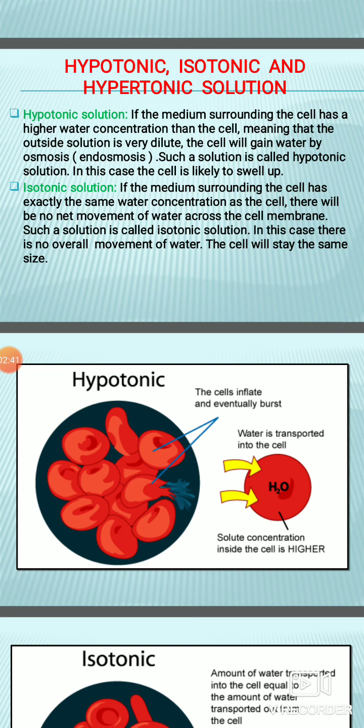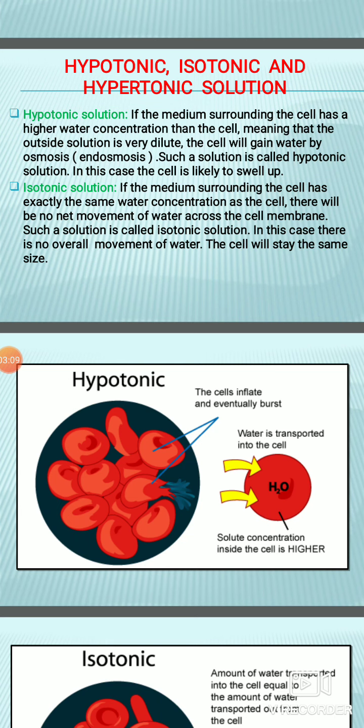You can see the yellow arrow showing that the water will keep on moving inside the red blood cell because outside the concentration of water is more. As a result, you can see in the diagram that the RBCs are bursting. The cells eventually burst because the osmotic pressure inside the cell increases due to continuous inflow of water. So when you take an RBC and put it in the hypotonic solution, it bursts.